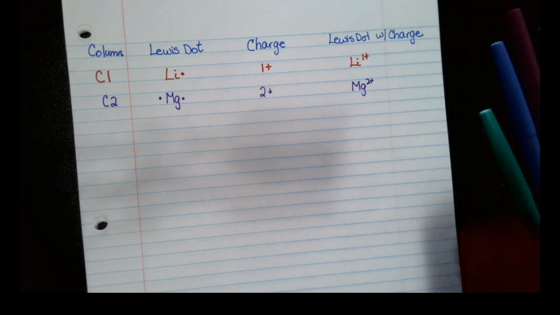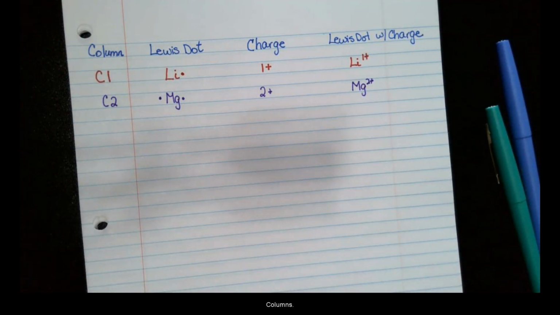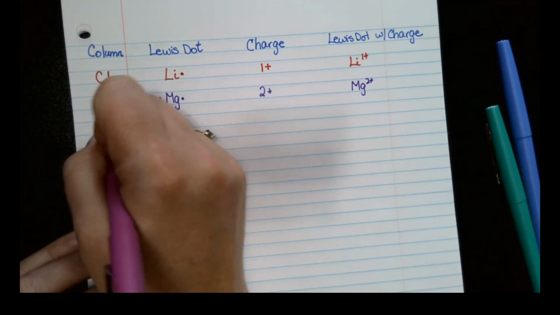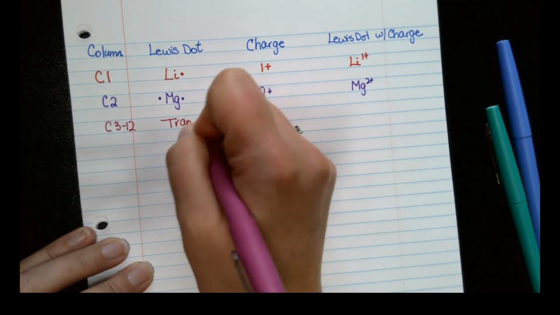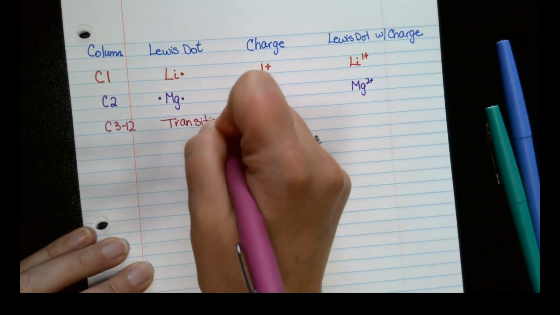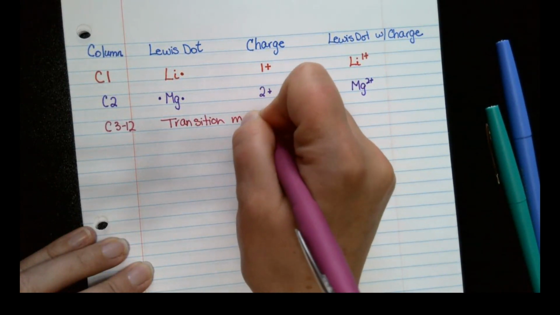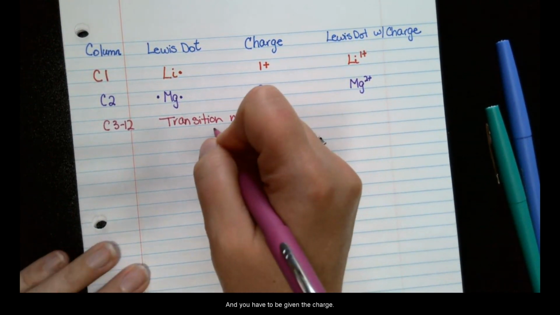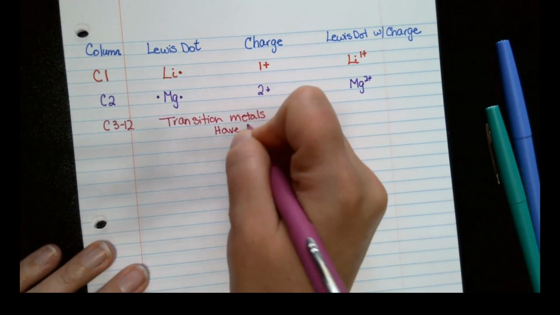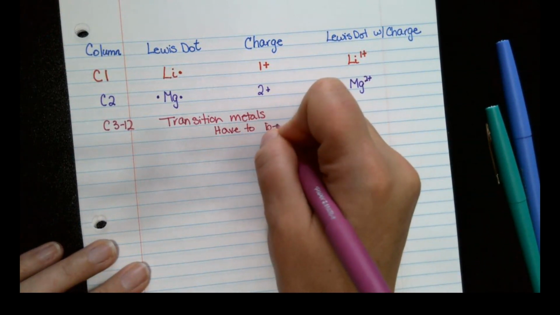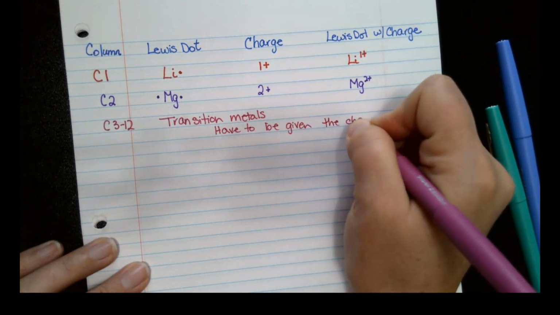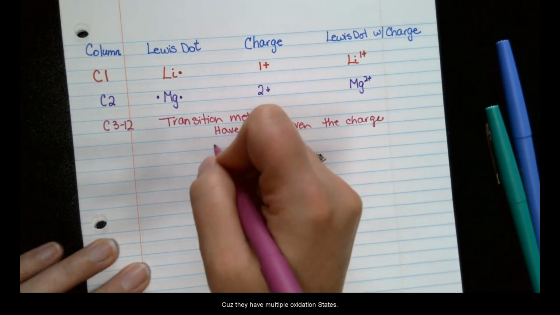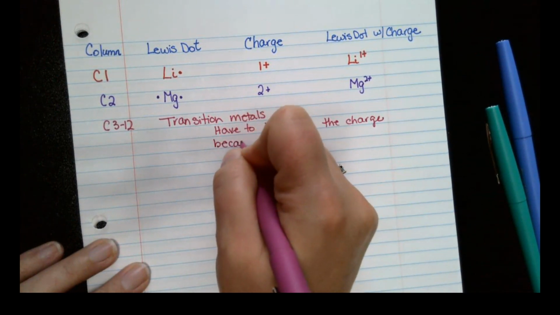Now, columns 3 through 12. These are your transition metals. And you have to be given the charge because they have multiple oxidation states, which means they can have multiple charges.